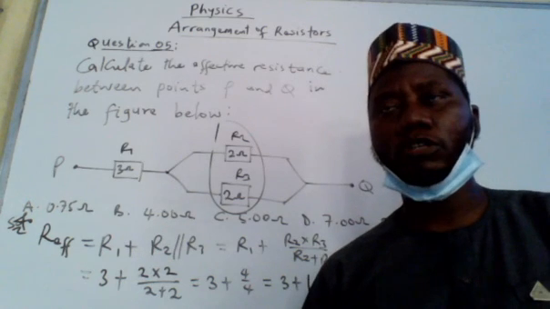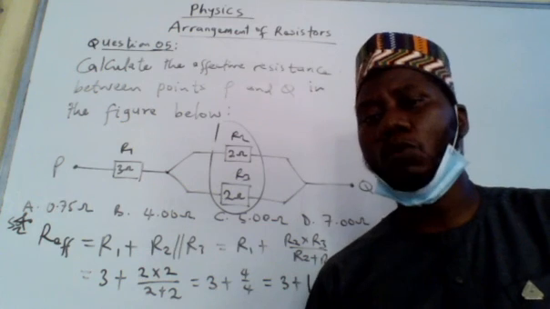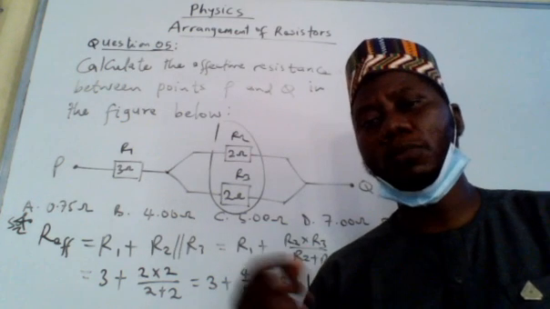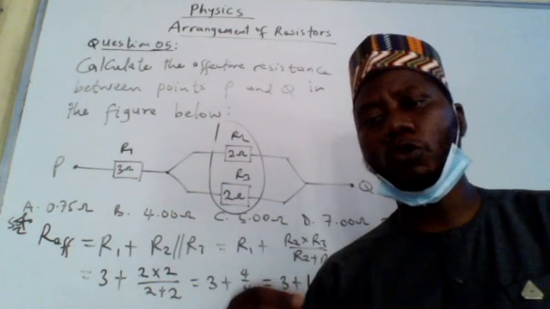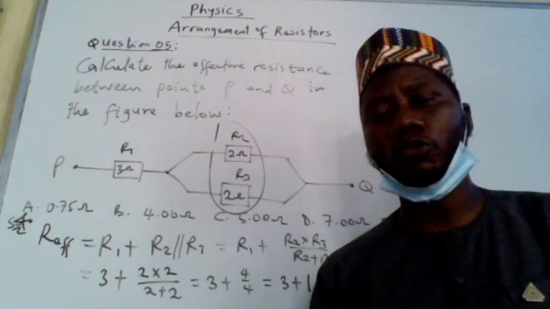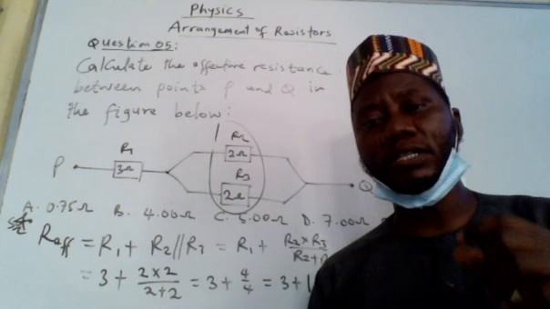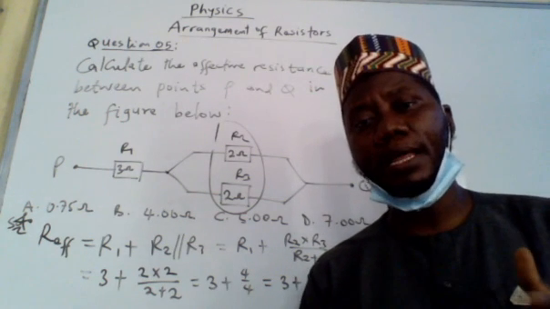And also we've learned that we have parallel connection. In parallel connection, 1 over R total equals 1 over R1 plus 1 over R2 plus 1 over R3 plus 1 over R4 and so on, depending on the number of resistors we have in the circuit. And we talked about a special case of two resistors in parallel.